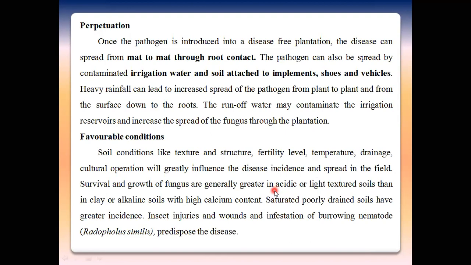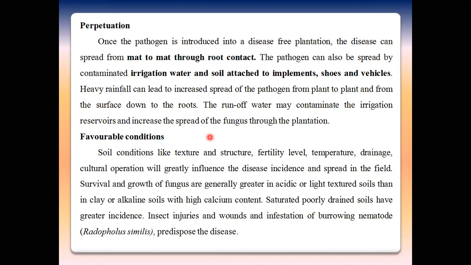Then we discuss the perpetuation of Fusarium oxysporum forma species cubense. This pathogen survives for a long duration in the rhizome portions.